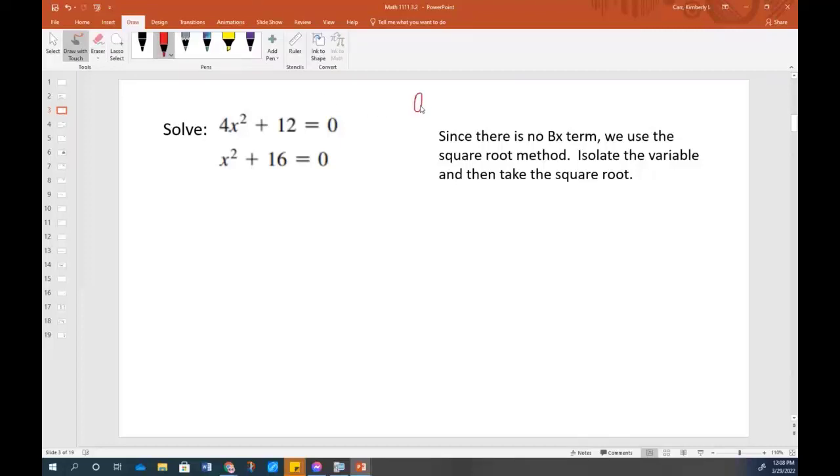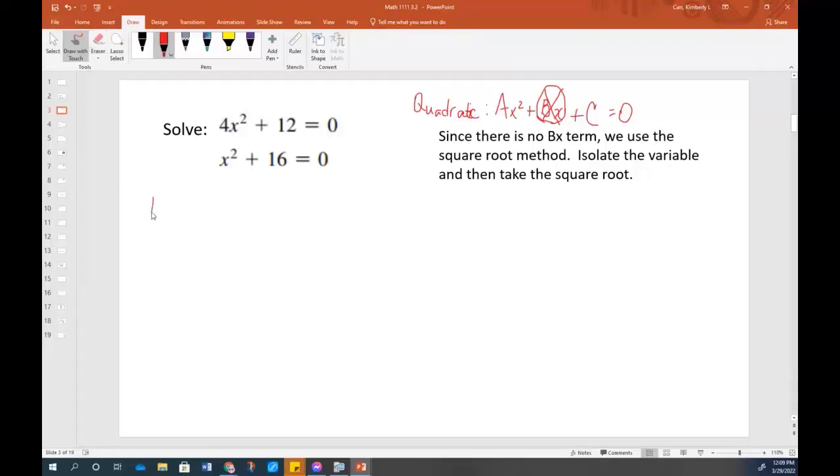A quadratic in standard form is generally ax squared plus bx plus c equals 0 whenever we're going to solve that. But here we don't have the term that has just x to the first. So we do have the squared term, and we do have a constant.